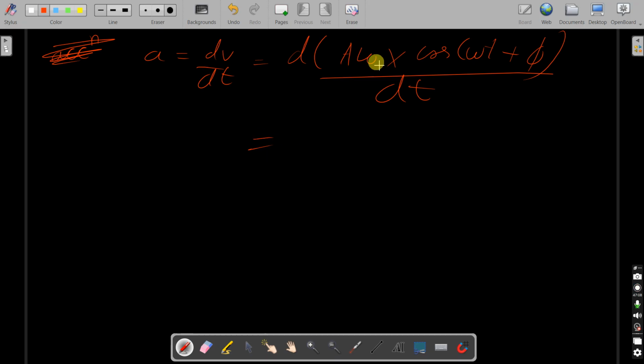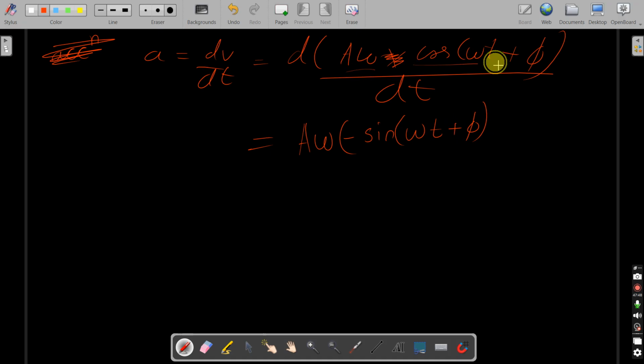As a omega is in multiplication with the function, this will remain as it is. If a constant is in multiplication with a function, it will remain as it is. A omega into this will become minus sine, because the differentiation of cos theta is minus sine theta. So minus sine of omega t plus phi.